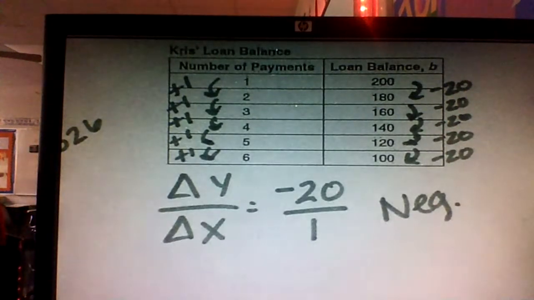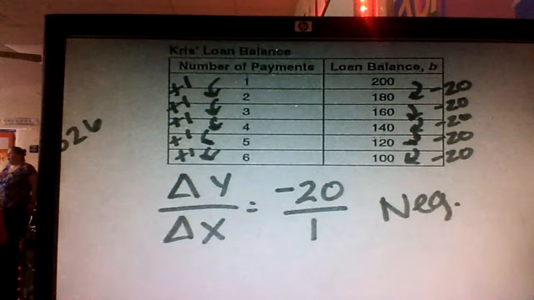What does this mean? What is happening? For every payment, the balance is doing what? Decreasing by $20.